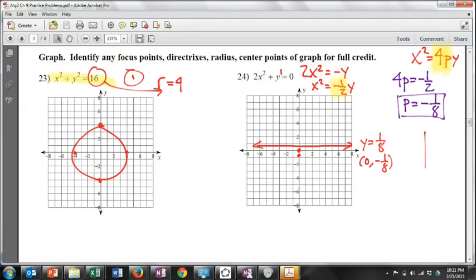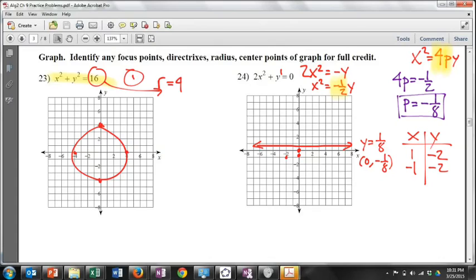Let's find a few values on the parabola, though. I'm going to stick in values like 1. I just use this one. If I plug 1 into my equation here, I get y is equal to negative 2. And if I put negative 1, I get the same thing.